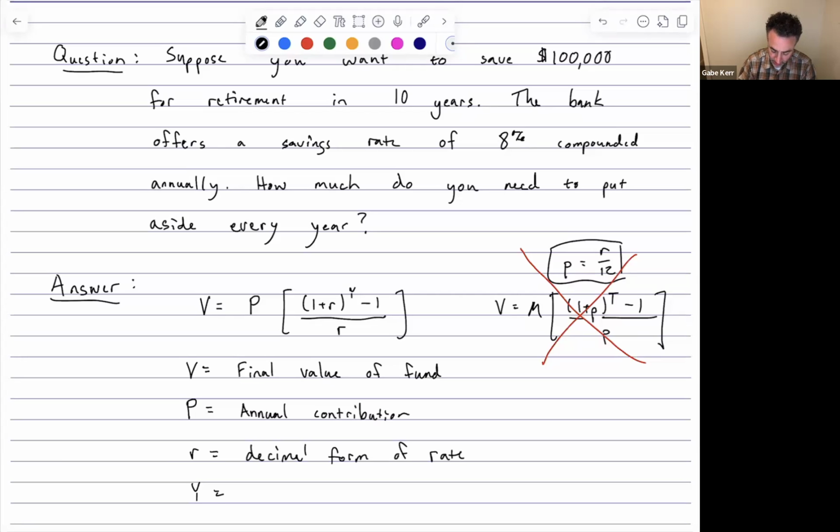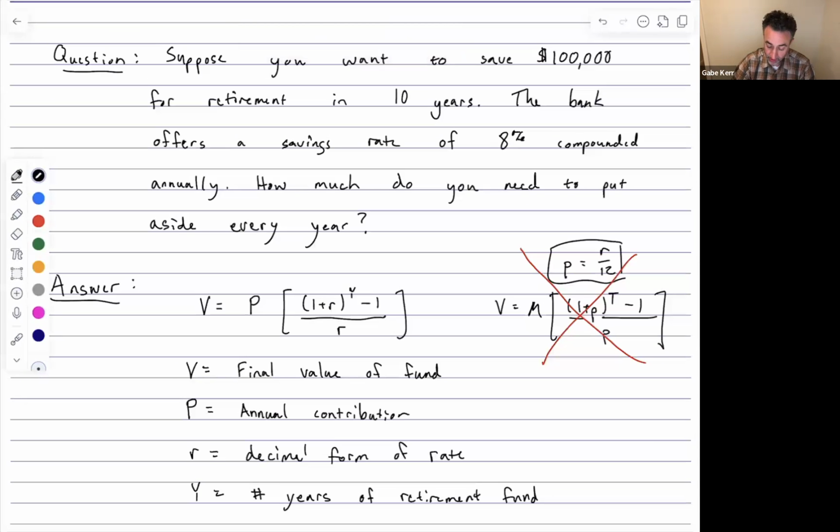And Y is the number of years of the fund, of the retirement fund. Okay, so we've identified what the variables are in this formula, and that's a very important step here.